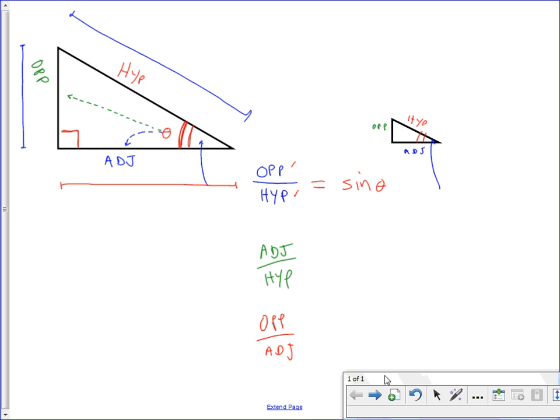And this ratio here, the length of the adjacent side divided by the length of the hypotenuse, we call the cosine of theta. I don't know where those words came from, who cares? And this one, by definition, we call the tangent of theta. Might as well make this blue, right?